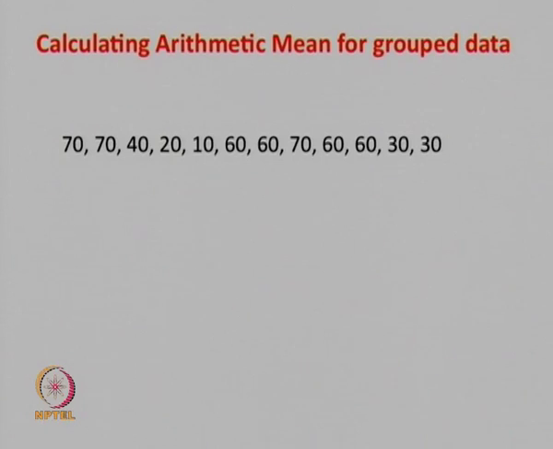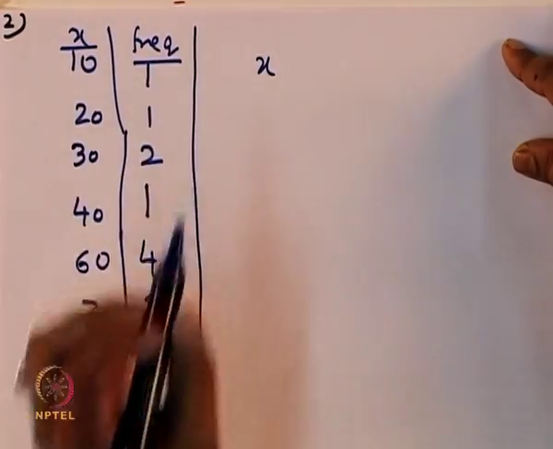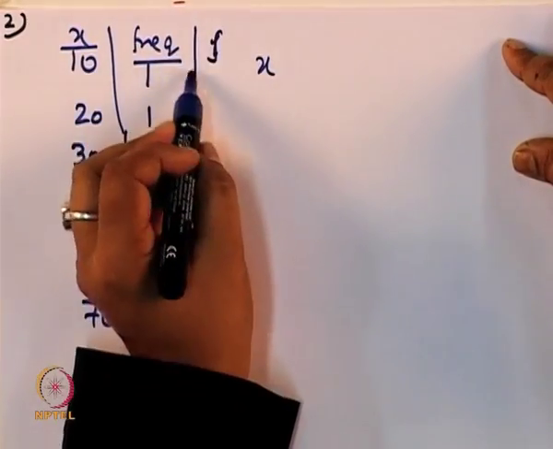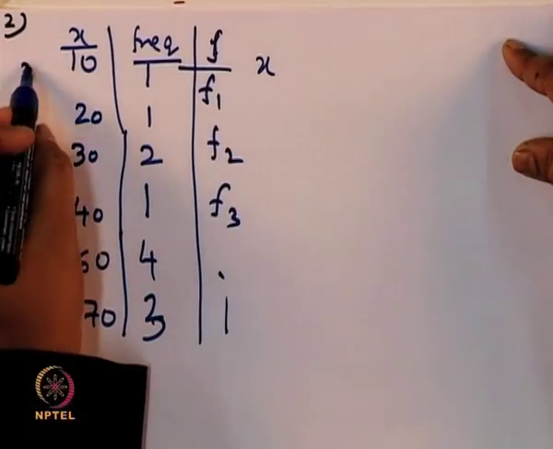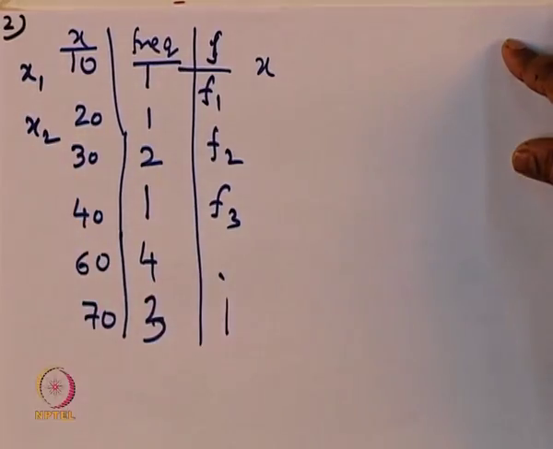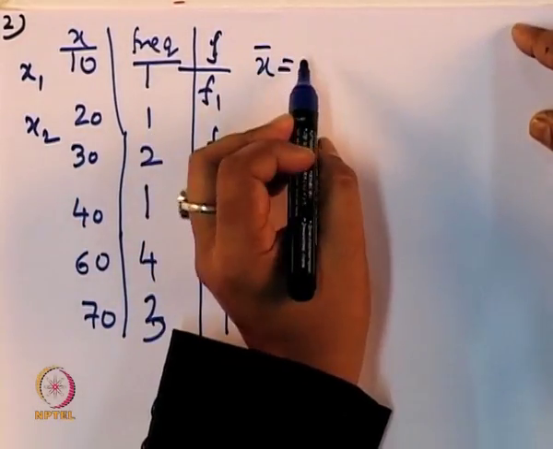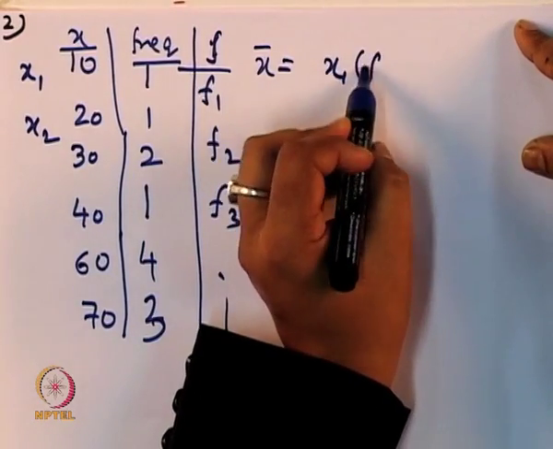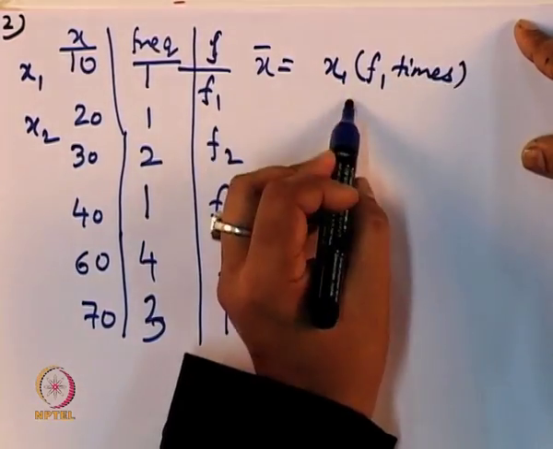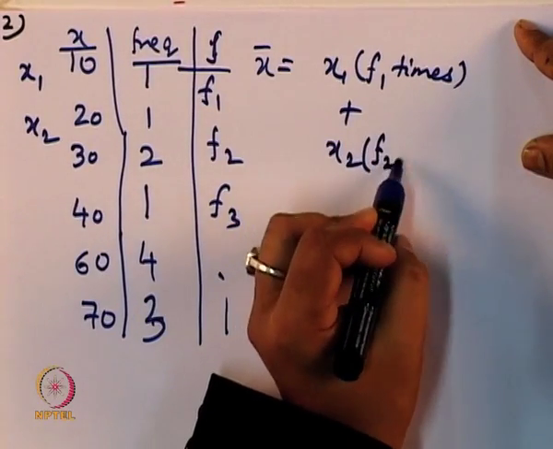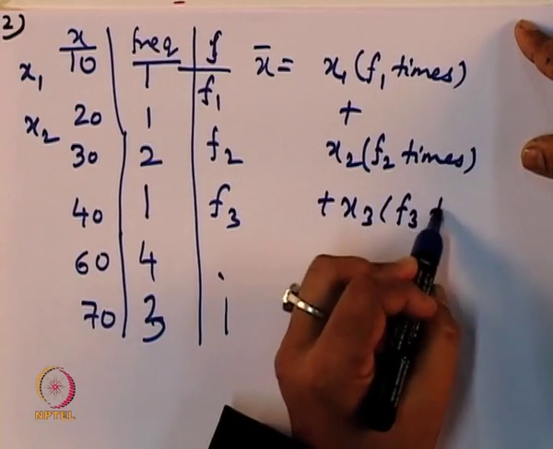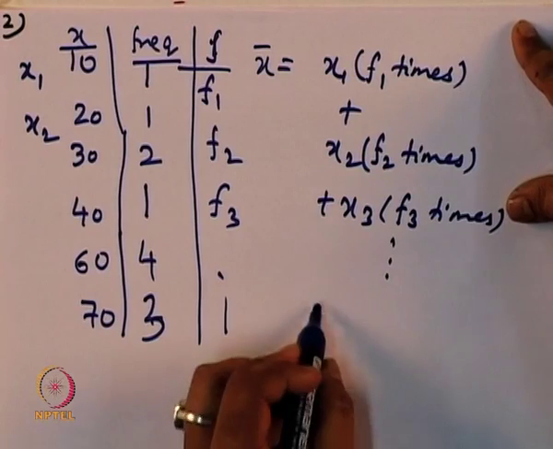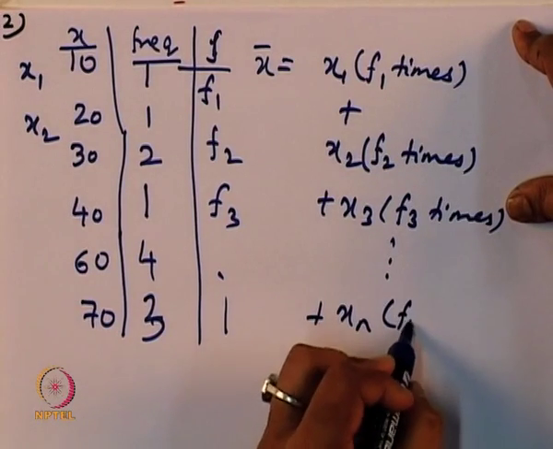If I were to go back to the way we calculated our average, in general we can write the frequencies as f1, f2, f3 and so on, and the values we call x1, x2. So we can calculate my x bar as x1 times f1, plus x2 repeated f2 times, plus x3 repeated f3 times, and so on, plus xn repeated fn times.